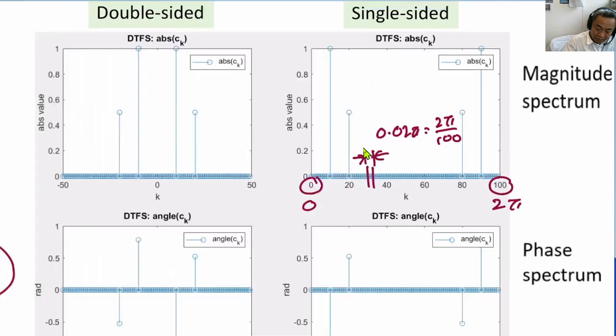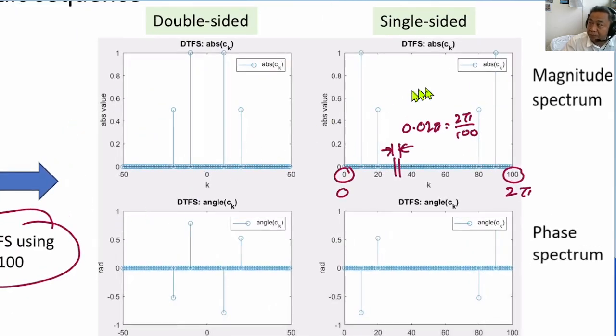Now, the Fourier series decomposition will then generate the magnitude spectrum and the phase spectrum. In the magnitude spectrum, a high point indicates that in this frequency, there is a complex exponential. So in here, we see that there is a complex exponential at this point, at this point, at this point, and this point.